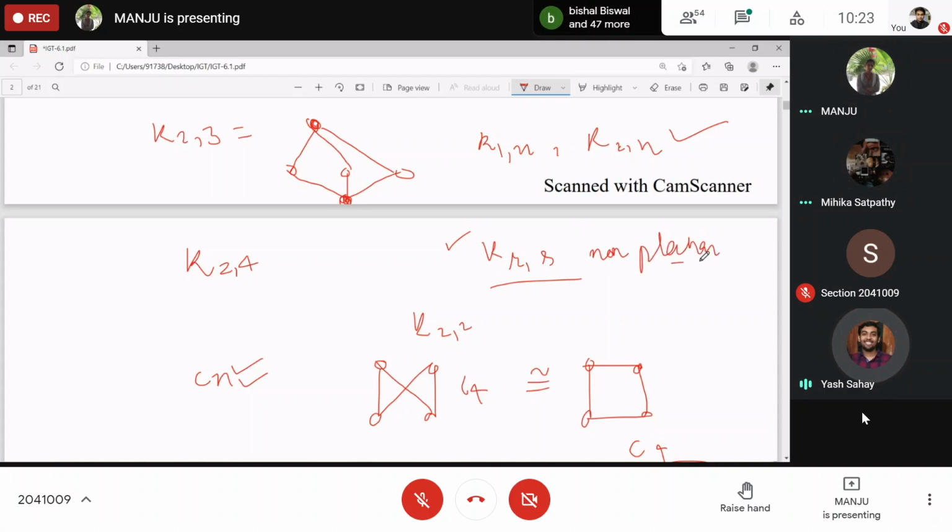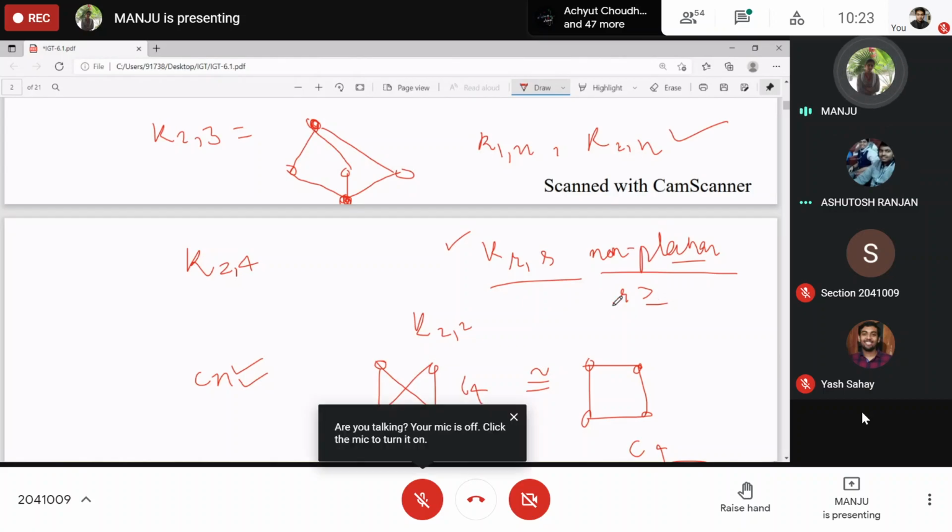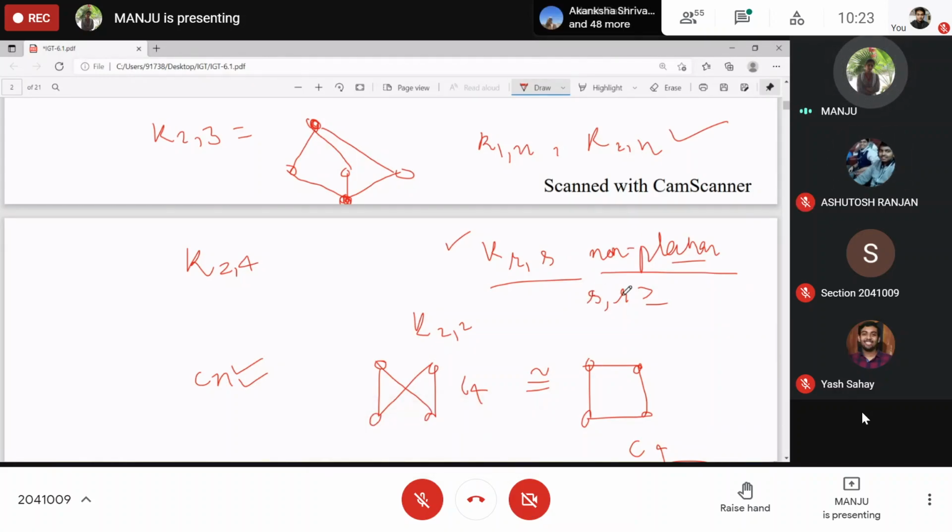Ma'am, for r and s both greater than or equal to 3. Yes, if both are greater than or equal to 3 at a time, it is non-planar.